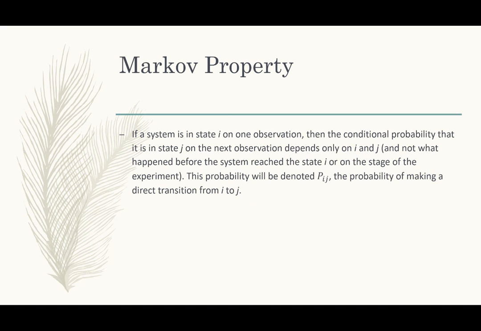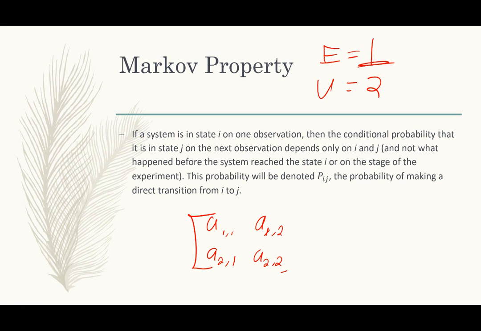Let's say employed is state 1 and unemployed is state 2. In our matrix, a11 is saying, I usually make these lowercase, so let's keep it lowercase, from employed to employed, because we called employed 1. Here, I'll go ahead and write these all in: a11, a12, a21, a22.